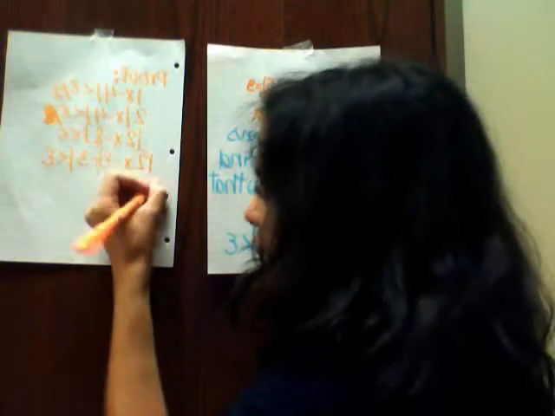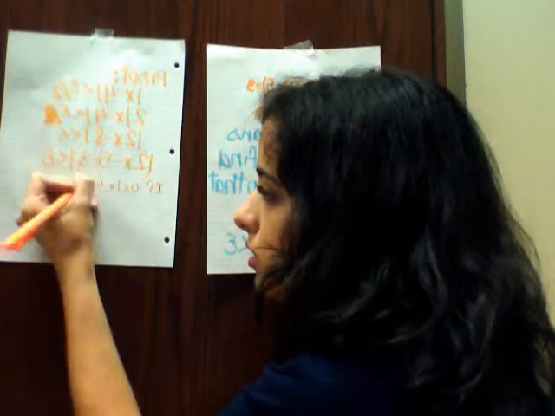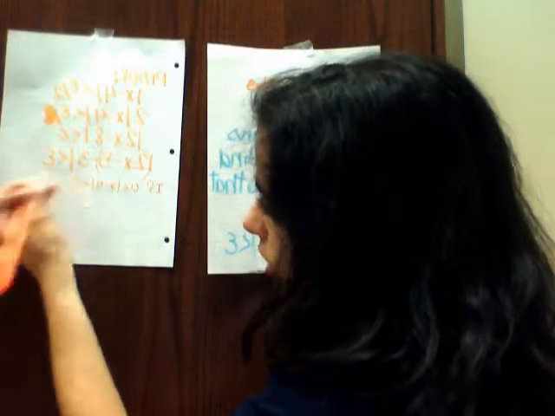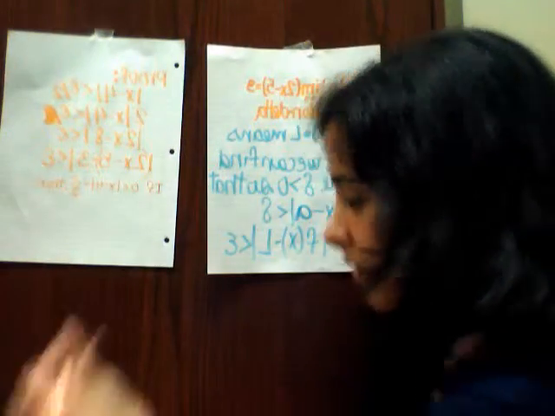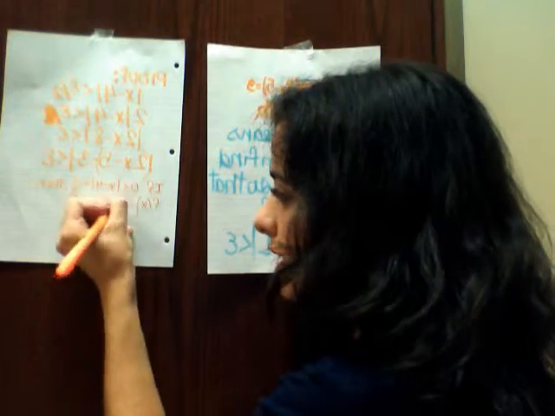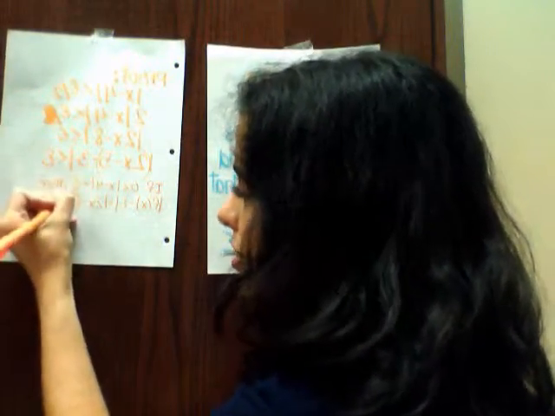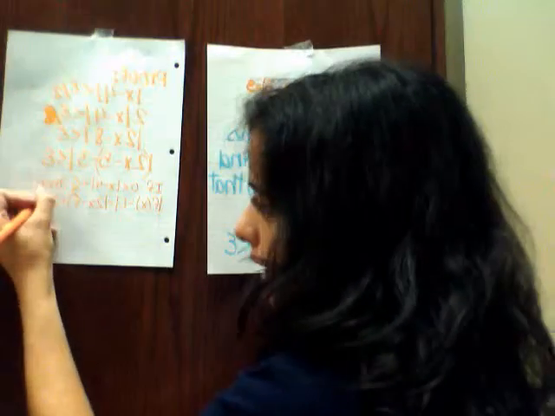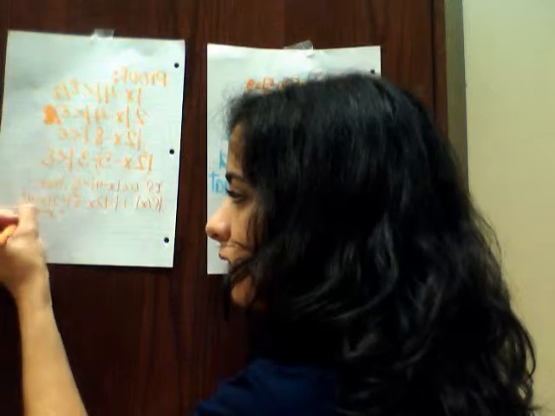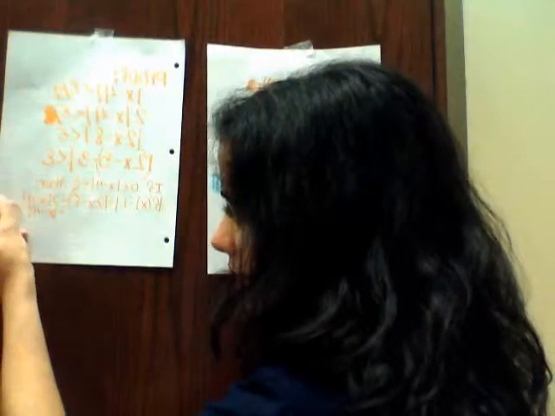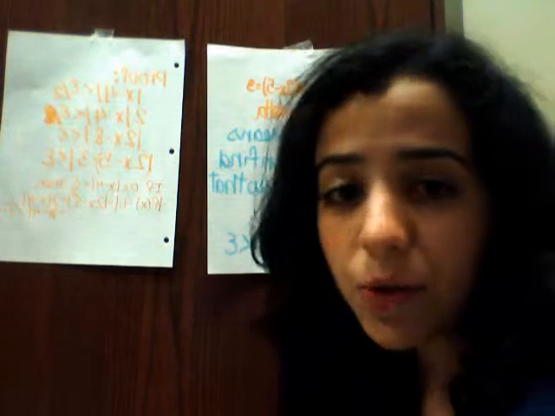So, if 0 is less than the absolute value of x minus 4, which is less than epsilon over 2, then the absolute value of f of x minus L will be equal to 2x minus 8, which is equal to 2 times x minus 4, which is also equal to 2 times the absolute value of x minus 4, which is less than delta, which is then equal to epsilon. And we know this is true.